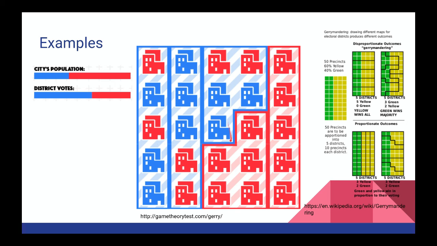In all of these districts, you have 2 votes wasted, because in a district where you have 5 persons, you only need 3 to win the district. This is the majority required. Well, 5 minus 3 equals 2, which means that in those districts, 2 votes were lost for each district, which is already 4 votes lost.